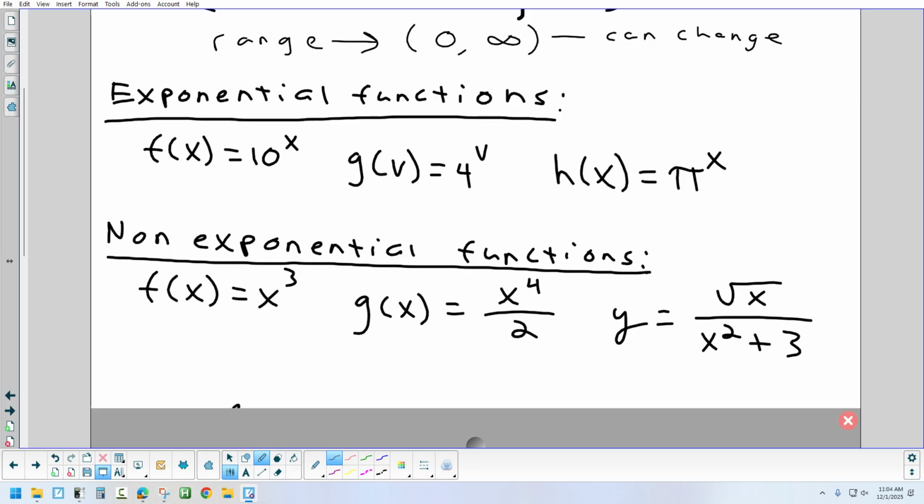And what do you call a polynomial that's degree 4? Remember that. Is it quartic? Quartic, yep. So that's a quartic polynomial. You could also think of it as 1/2 x to the 4th. That's the same as x to the 4th divided by 2. And the last one, that's not exponential. It doesn't have any exponents as variables.